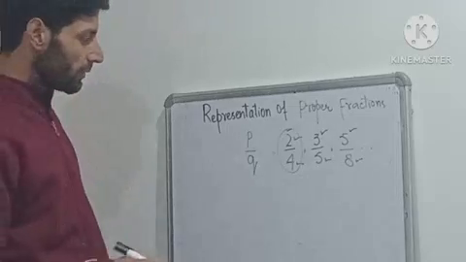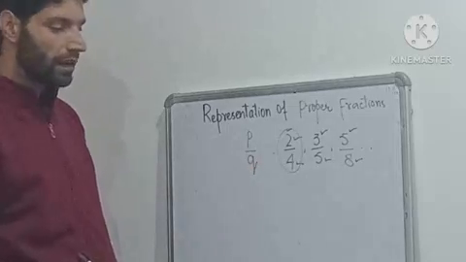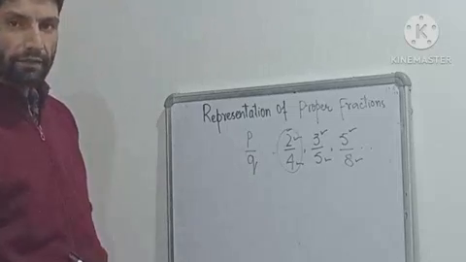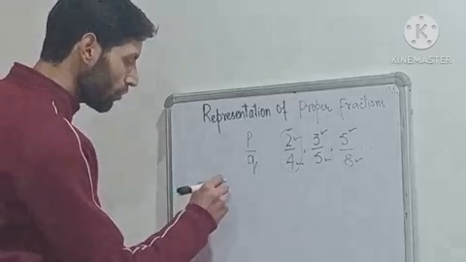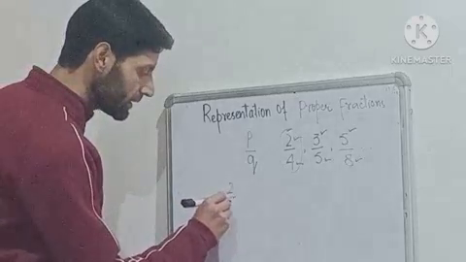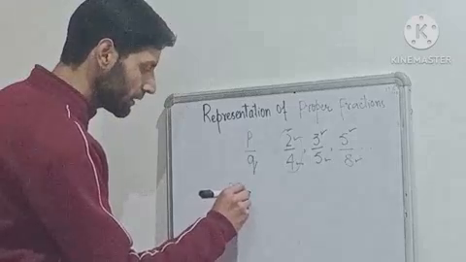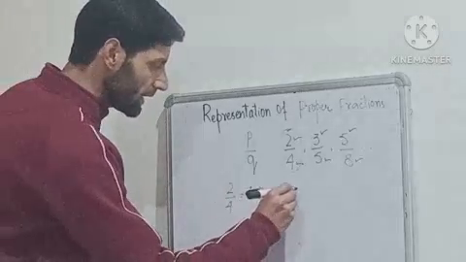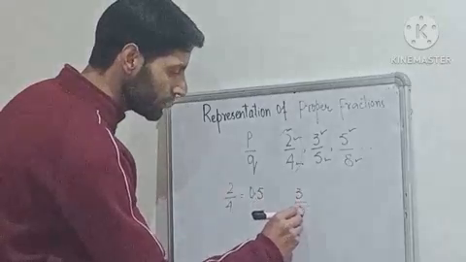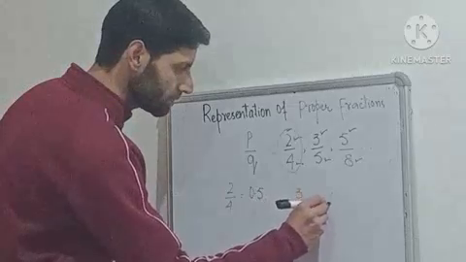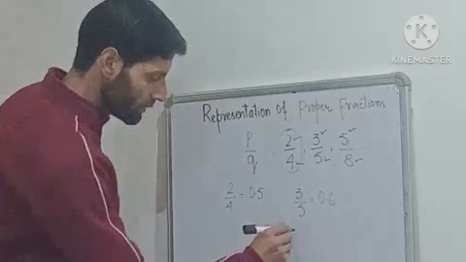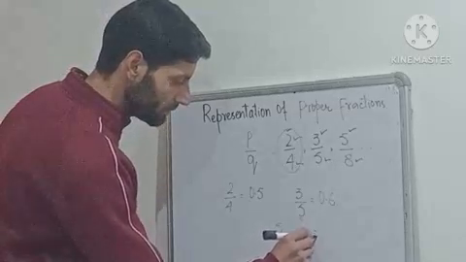In order to represent these proper fractions on number line, we need to find their values first. So 2 by 4 is equal to 0.5. 3 by 5 is equal to 0.6. And 5 by 8 is equal to 0.625.